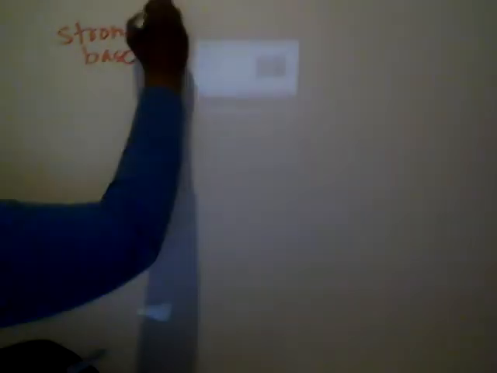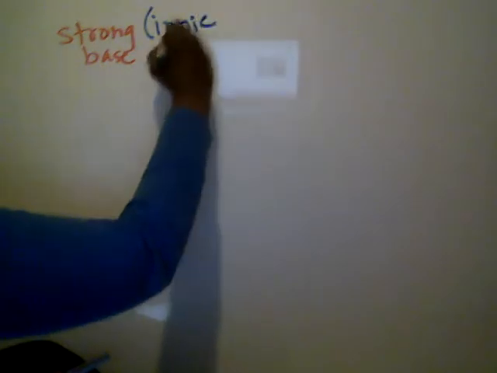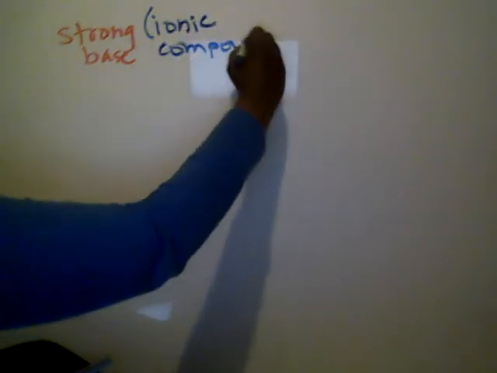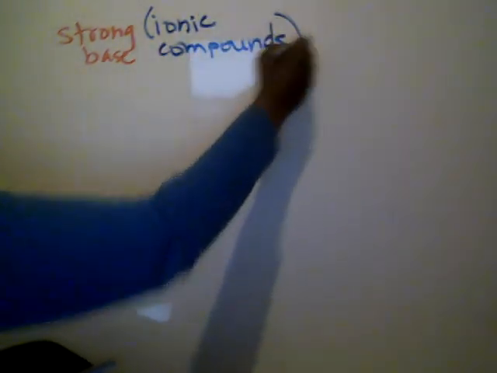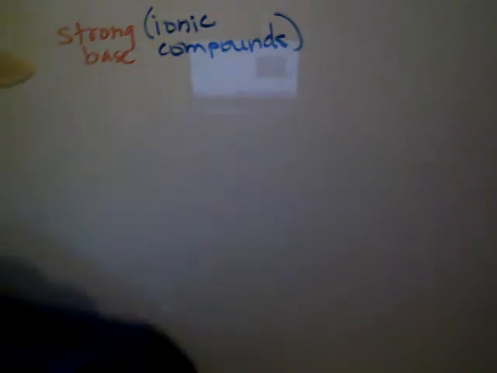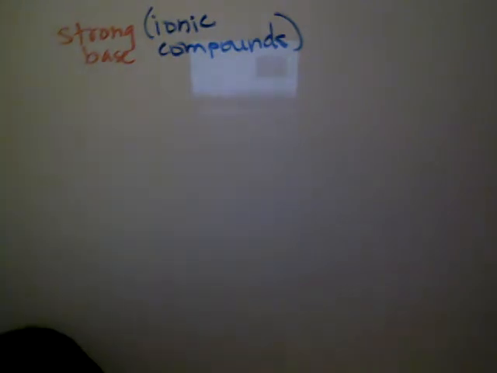So if we look at what happens with a strong base, okay? Bases are ionic compounds because it's a metal and a non-metal. And we have this fancy word that we use to describe when ionic compounds separate. We don't say separate and we don't say decompose. We say that they dissociate. And that's just a fancy word that we only use for ionic compounds.